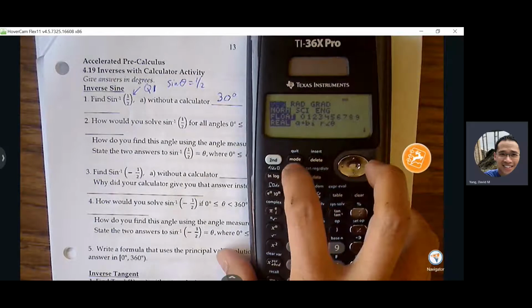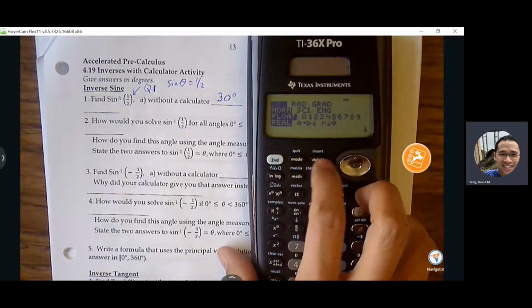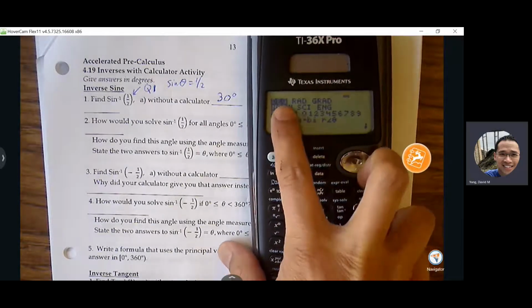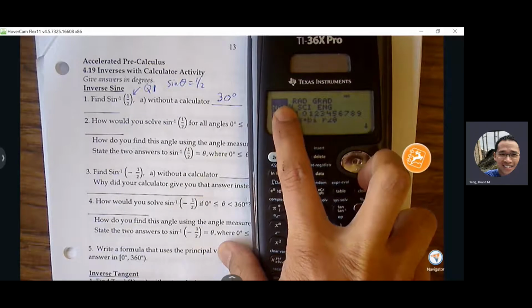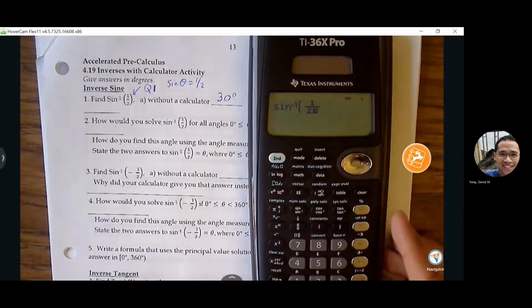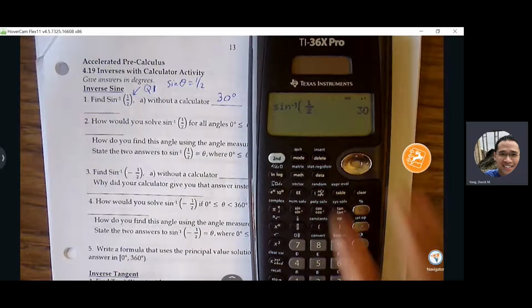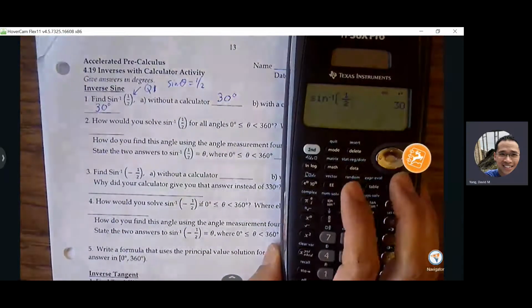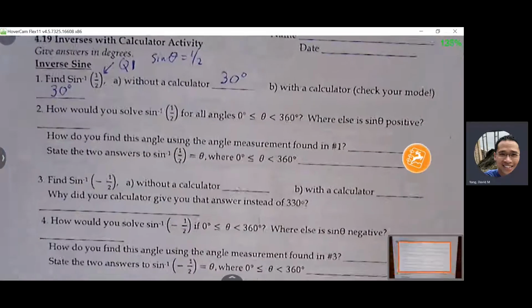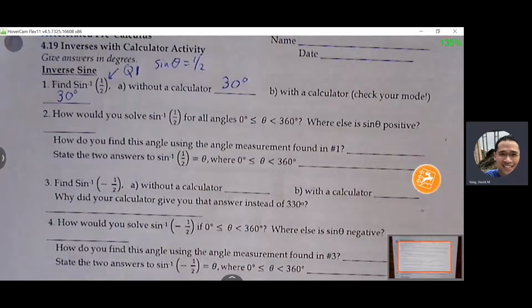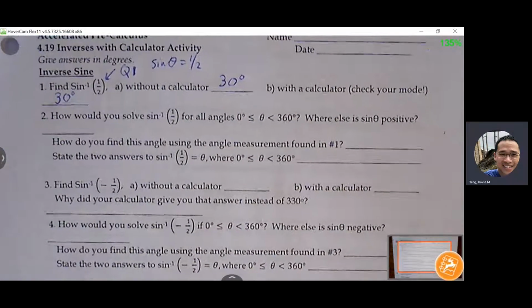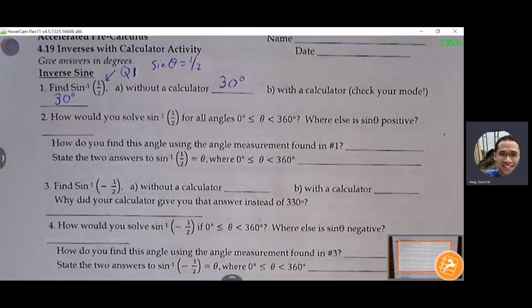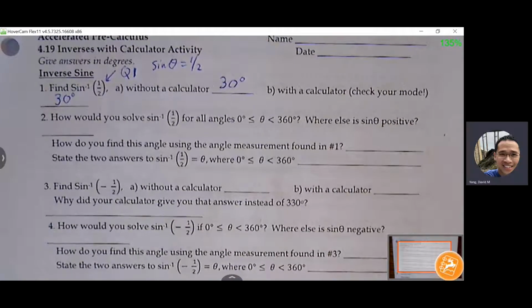So if you go to mode and the top row of buttons there, make sure your degree DEG is highlighted and blinking. 30 degrees, yeah. Everybody okay with calculators?